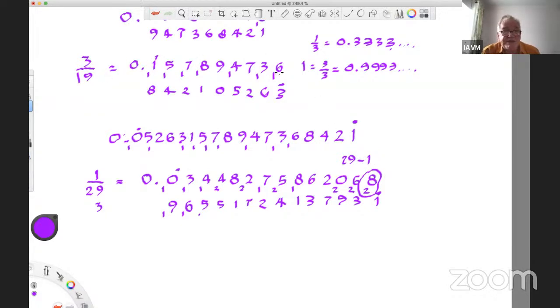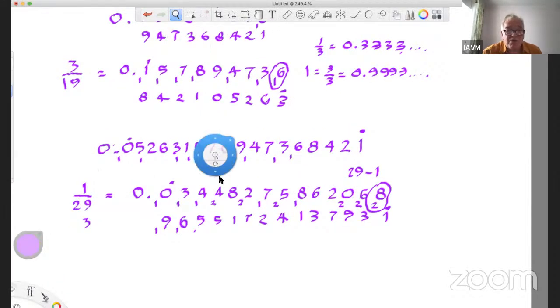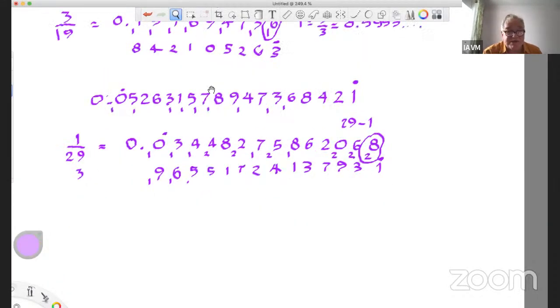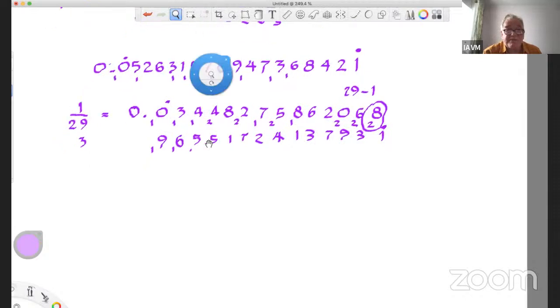Back up here, you can see that this 16 here is the denominator minus the numerator. 19 minus 3 is 16. And so that gives us another way of determining the halfway stage, where we can then start using the complements.